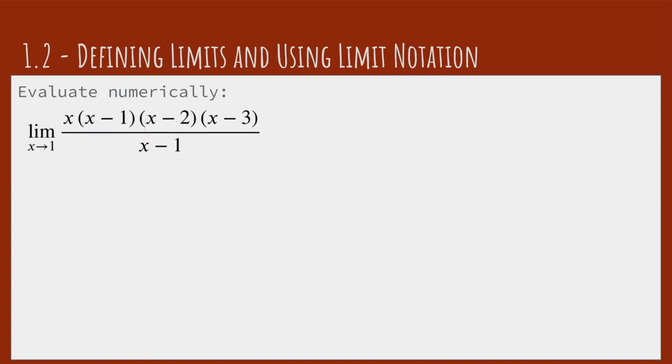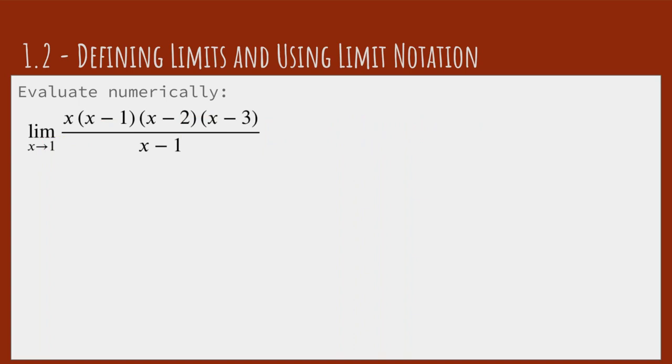So if we try to evaluate this limit just by taking the 1 and putting it in where x is, what we get is 1 times 0 times negative 1 times negative 2 all over 0, which is 0 divided by 0. If you remember, 0 divided by 0 is indeterminate, and so we need to look at this problem from a different approach. 0 divided by 0 doesn't really give us an answer.